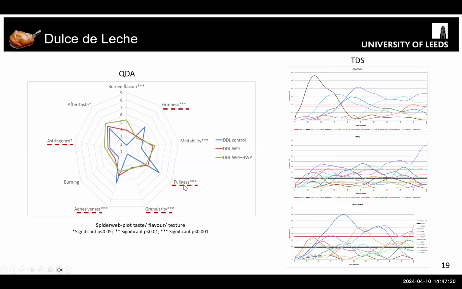Whereas for the samples enriched with whey protein isolate, there was a relatively high textural intensity on the granularity. The same with the samples that were enriched with both the whey protein isolate and the hydrolyzed whey protein. There was a relatively high intensity of granularity, of astringency, and also aftertaste.